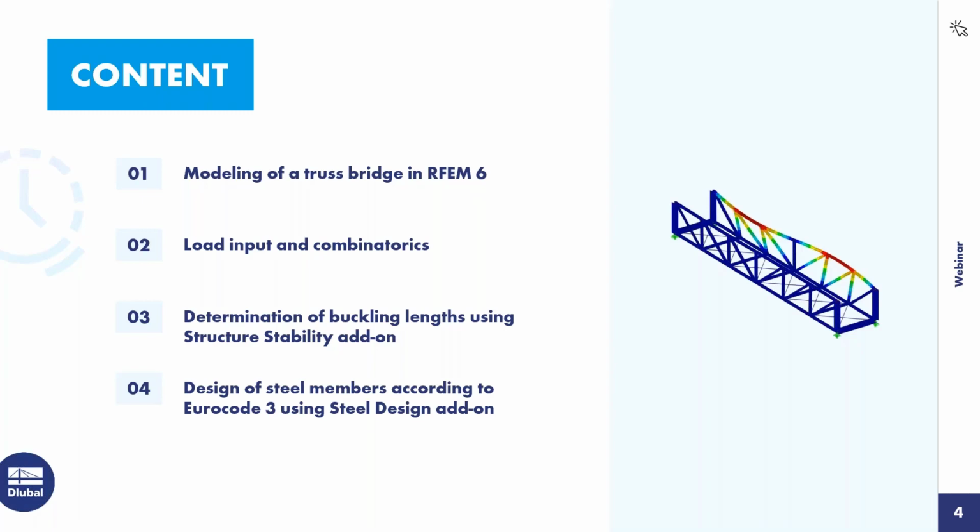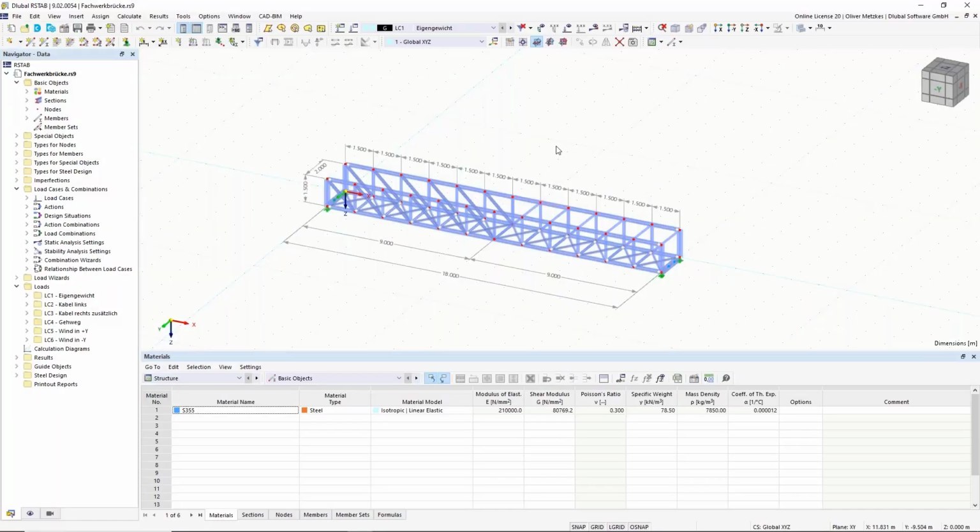And then the last point is the design according to Eurocode 3 with the add-on steel design. Okay, then I will hand over the screen to Oliver, and he can start with his presentation.